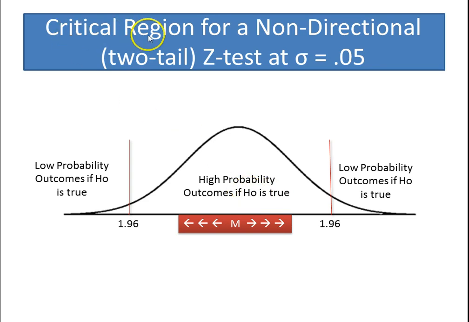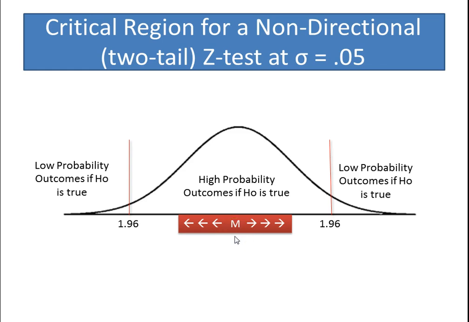When we set up this critical region, what we're doing is we're saying, hey, I have a sample of babies and I'm going to give them some touch. And my hypothesis is that touch is going to have some effect on weight.